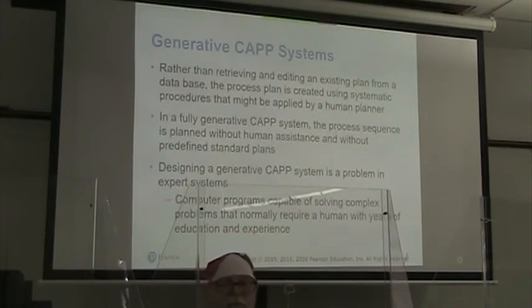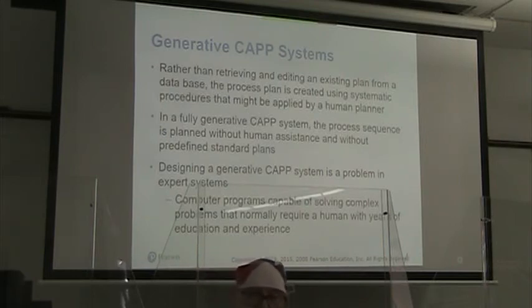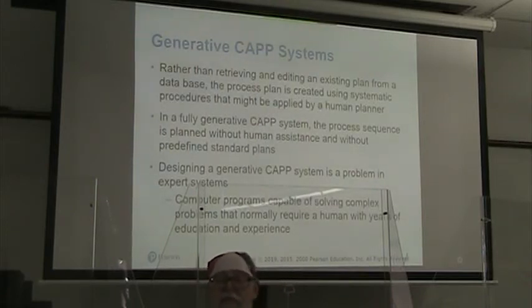So, a generative computer-aided process plan system. Rather than retrieving and editing an existing plan from a database, a new process plan is created using systematic procedures that might be applied by a human planner.